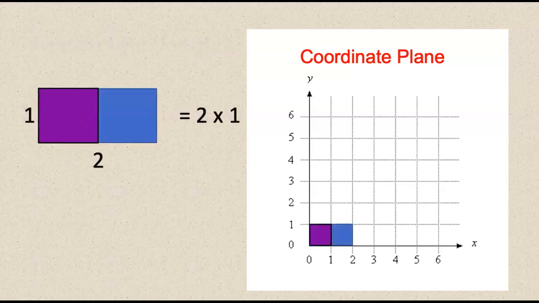If I add another block to my first one, I create a 2-by-1 rectangle, and we call that because we have 2 blocks here lined up on the x-axis, and then it's 1 inch high on the y.